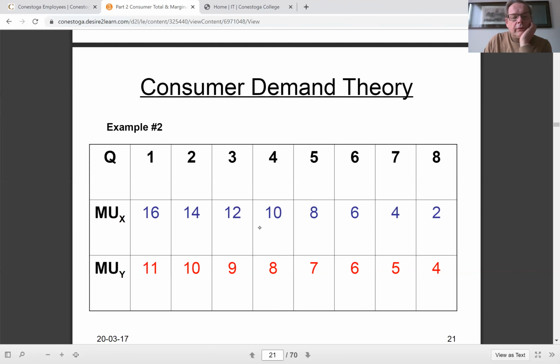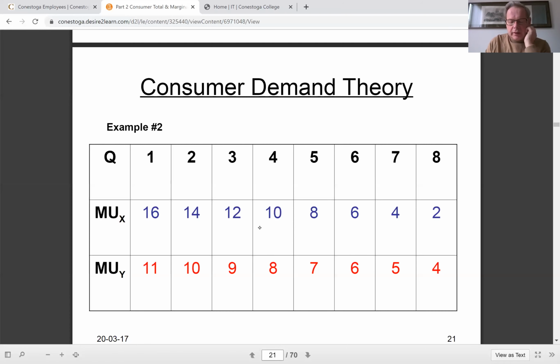So from our explanation, we said we were going to buy the first two Y's. We're going to record those in our table.